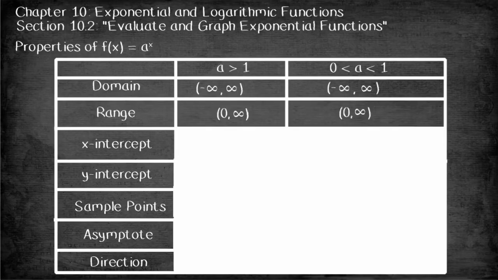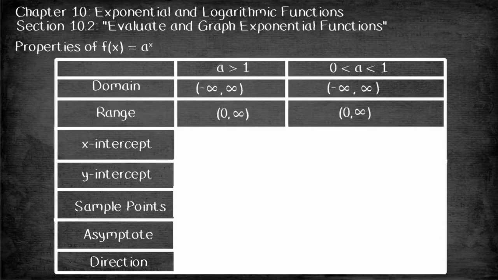Now for the range, you kind of saw it on the other graphs that we just did, but these functions don't cross the x-axis, right? They melt towards the x-axis, but they never get past it. So actually, they never reach a y value of 0, and they don't reach a value that is negative either.